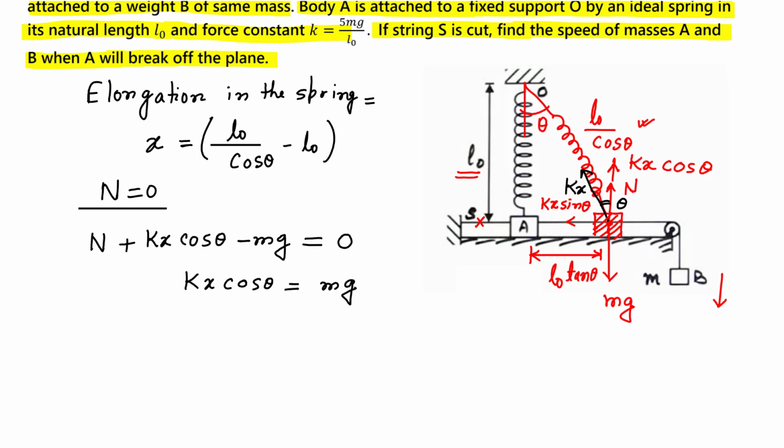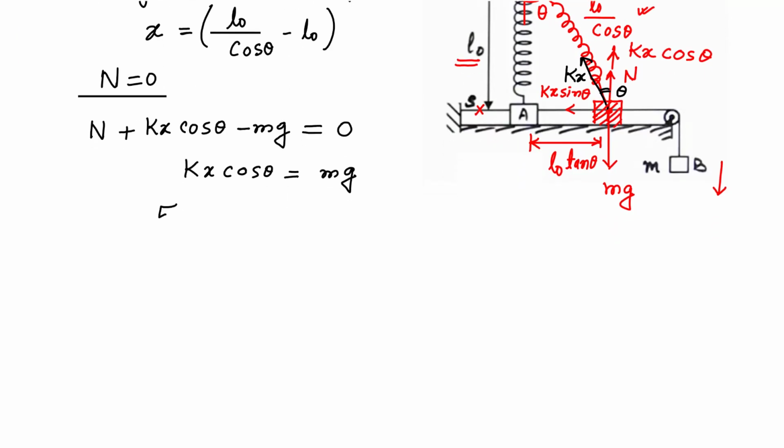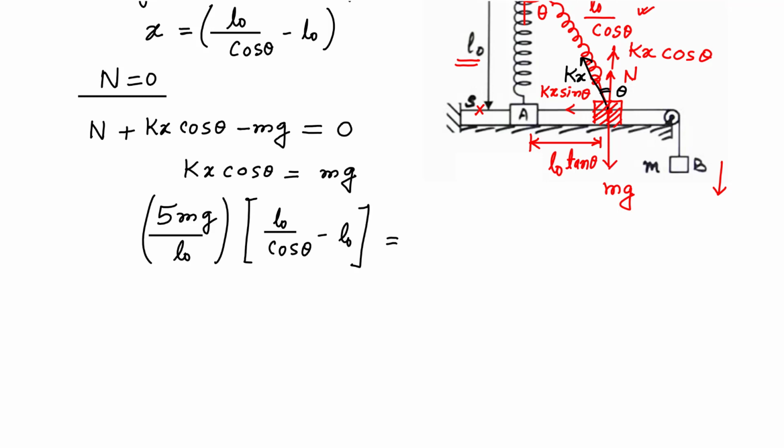The value of k is given, that is 5 mg by L naught. So let us plug in this value, 5 mg by L naught, and x is nothing but L naught divided by cos theta minus L naught, and this is equal to mg. From here I can solve for cos theta.